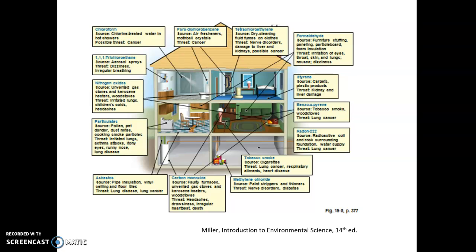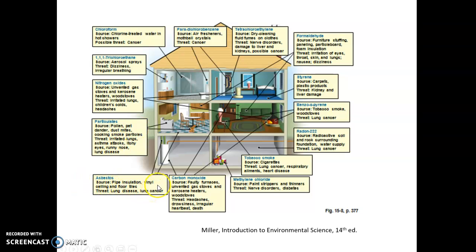And some of the major particulates you might find in a home are pollen, pet dander, dust mites, and cooking smoke particles. So again, things you can do about that: screens, ventilation, vacuuming, venting when you're cooking.